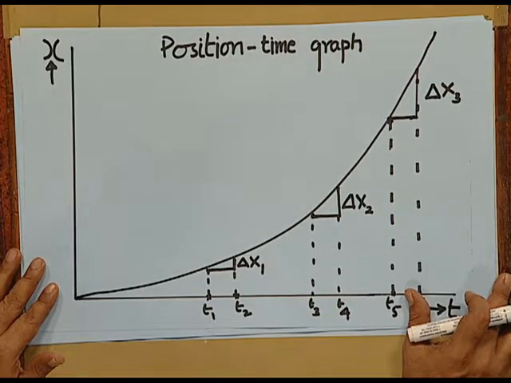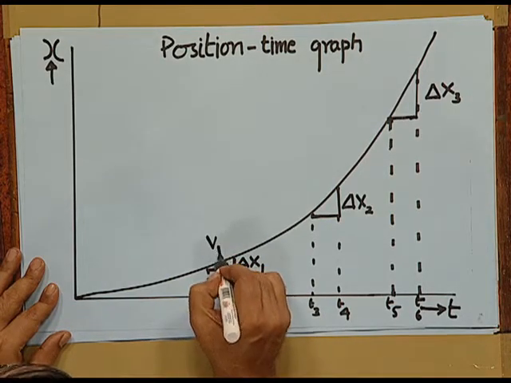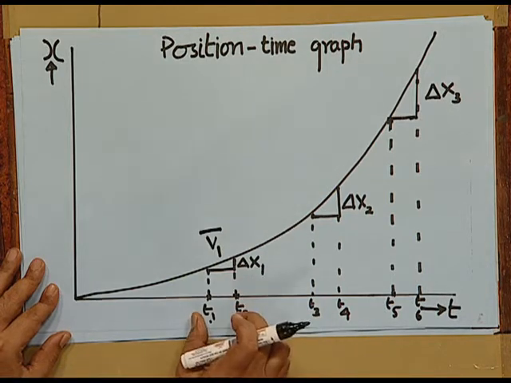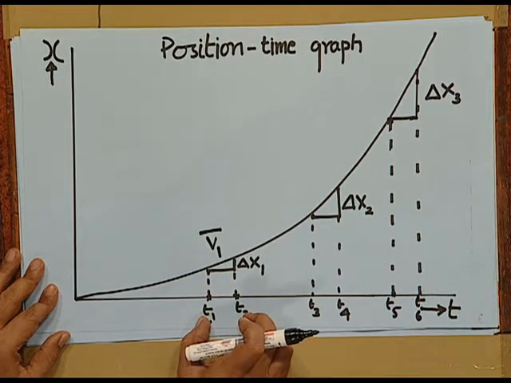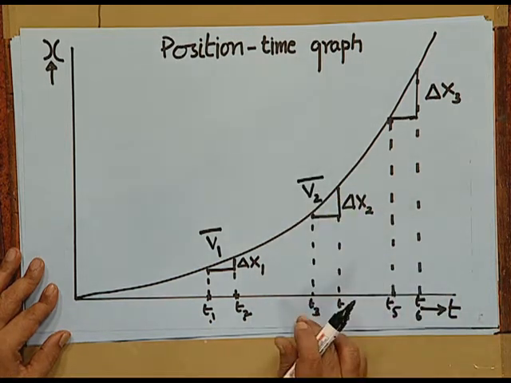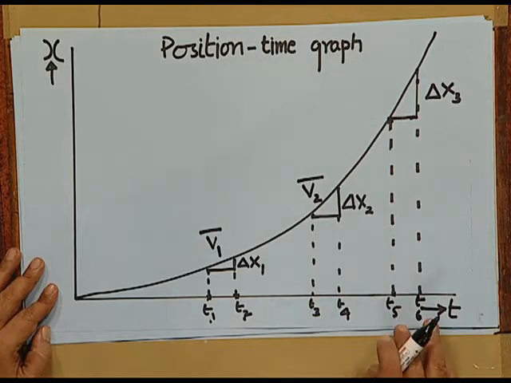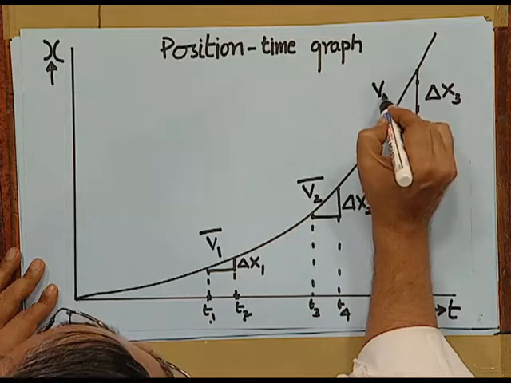What we mean here is the average velocity in the interval t1 to t2, which I write as v1 bar, the average velocity in the interval t3 t4, which I have represented as v2 bar, and the average velocity in the interval t5 t6, which I indicated here by v3 bar.